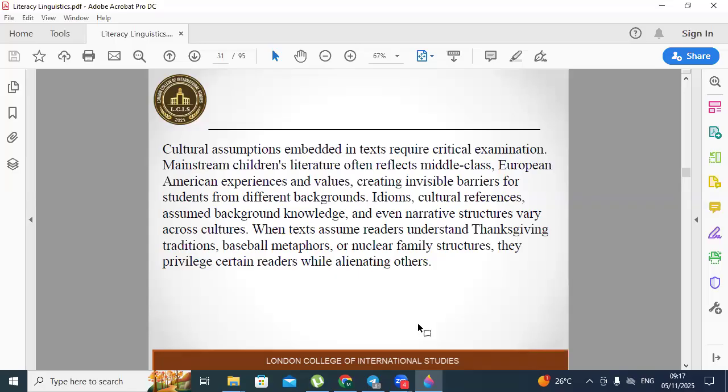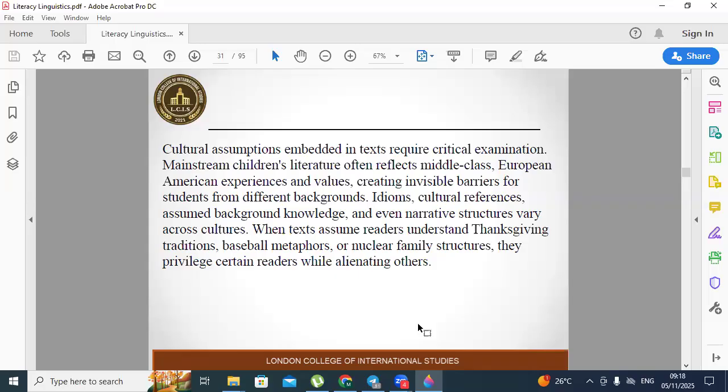Background knowledge assumptions create perhaps the most pervasive barriers. Texts assume readers know historical events, geographic locations, cultural practices, and shared references that vary tremendously by background.